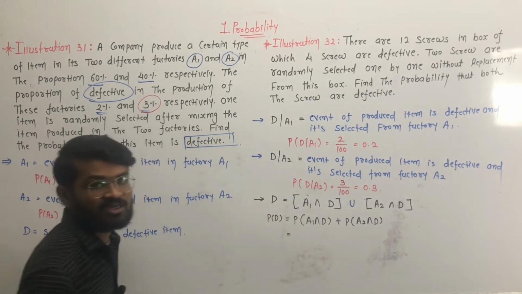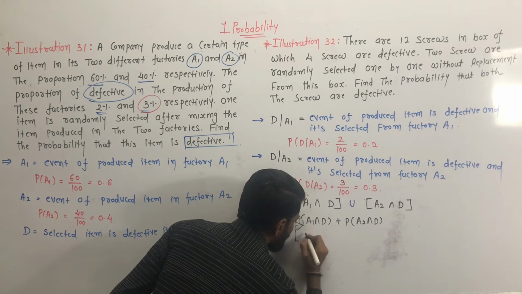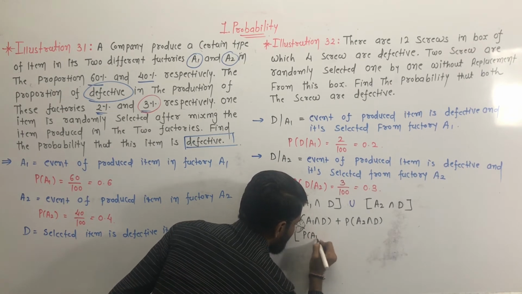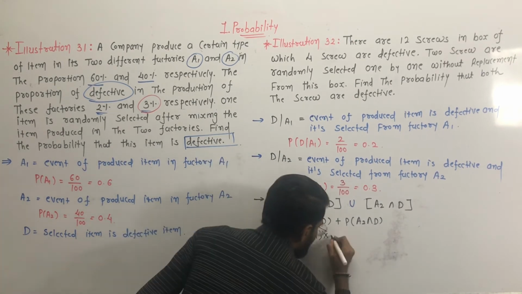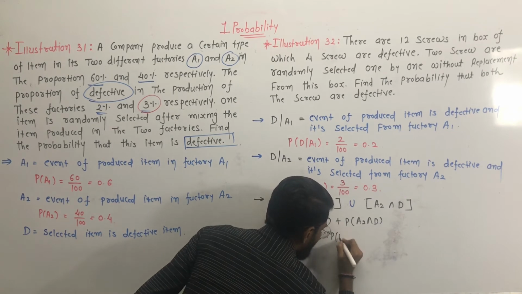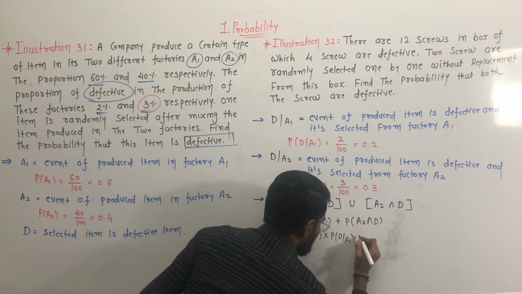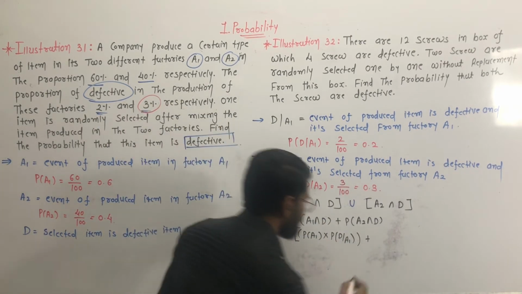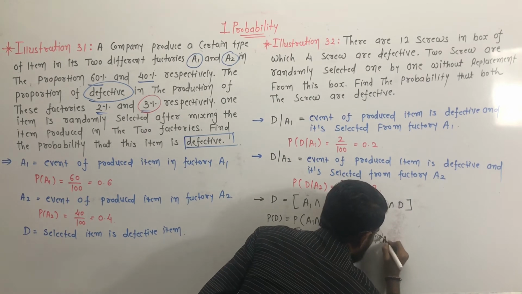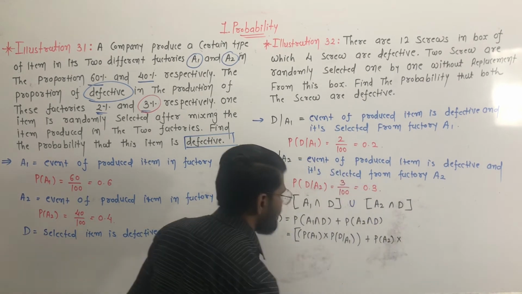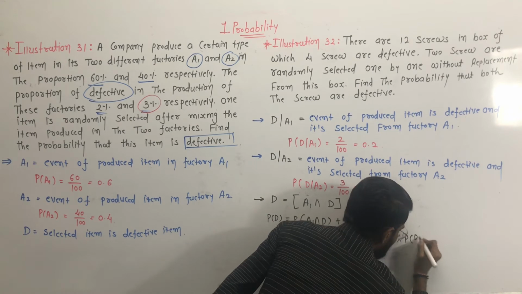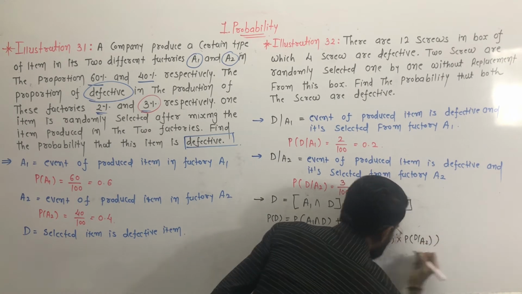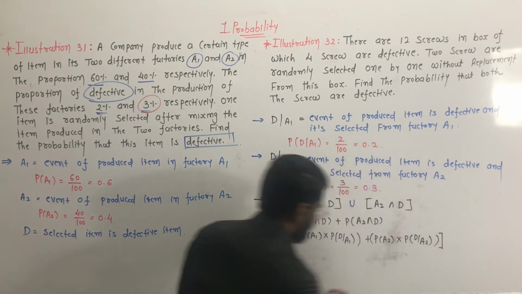P of A1 intersection D is equal to P of A1 multiplied by P of D by A1. Clear? Okay, plus P of A2 intersection D is equal to P of A2 multiplied by P of D by A2. Done? Okay, put the value.